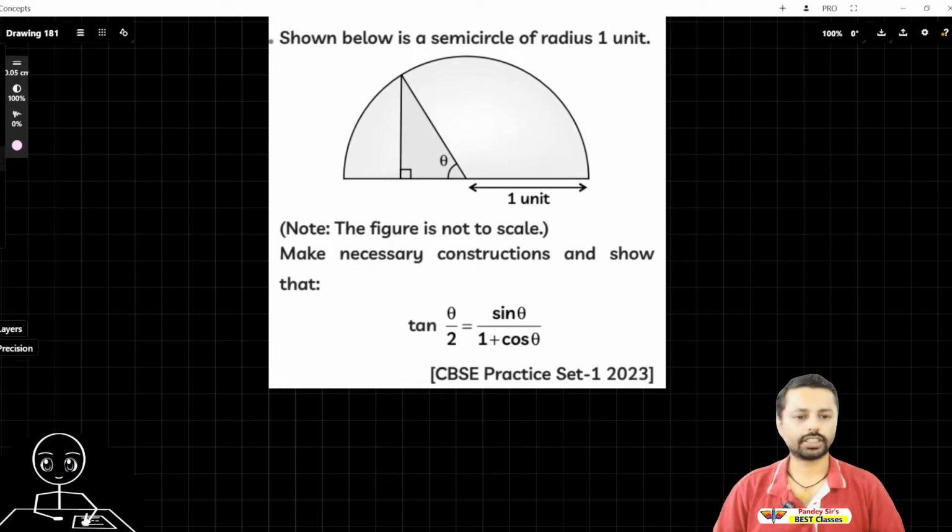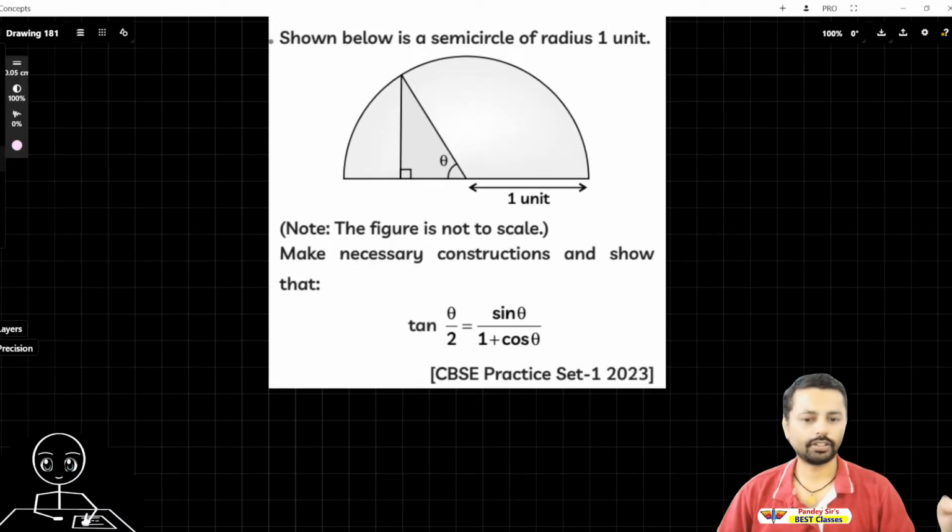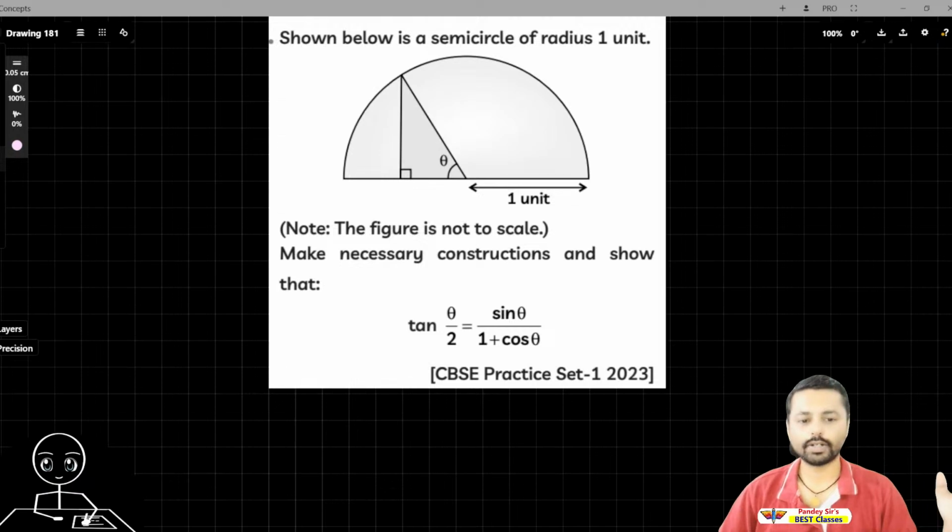We have to do construction and show that tan theta by 2 equals sin theta by 1 plus cos theta.